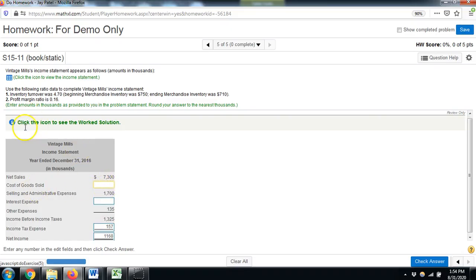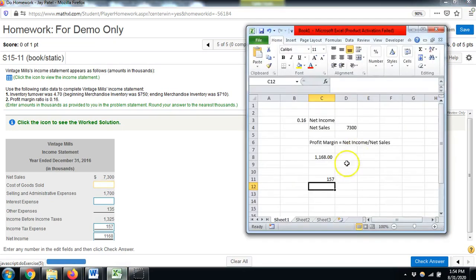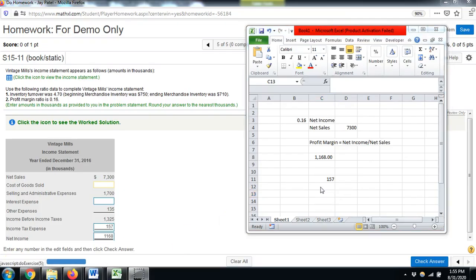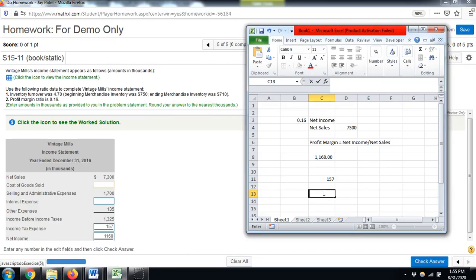So cost of goods sold is related to the inventory turnover. So let's write out what the equation is for inventory turnover. Basically, we know that the inventory turnover ratio is equal to cost of goods sold divided by average inventory.